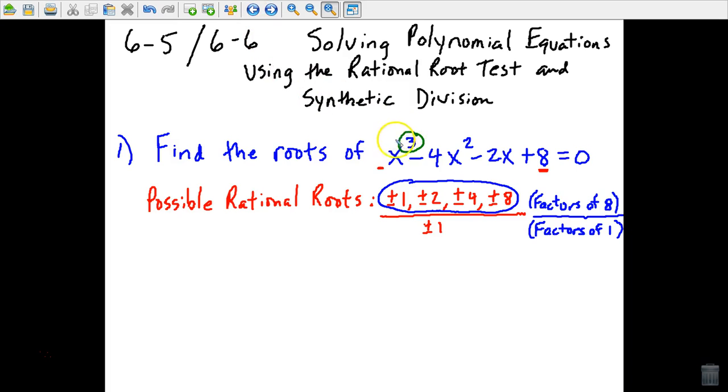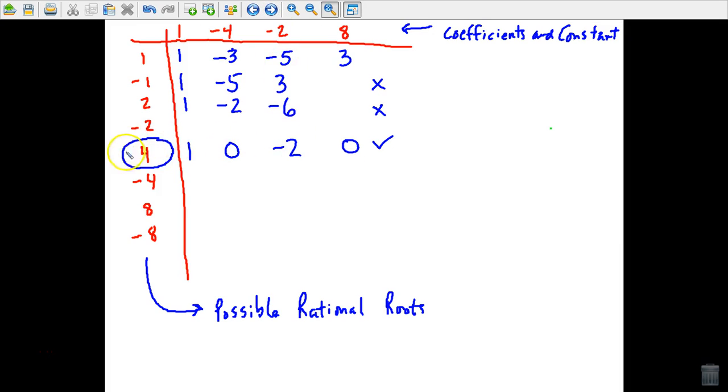Remember, it's cubic, so I'm really looking for 3 solutions. One of them is a rational number. It's the number 4. The other 2 will be found by taking these numbers and making an equation out of these numbers. Remember what these numbers represent when we were doing synthetic division. This was our remainder.